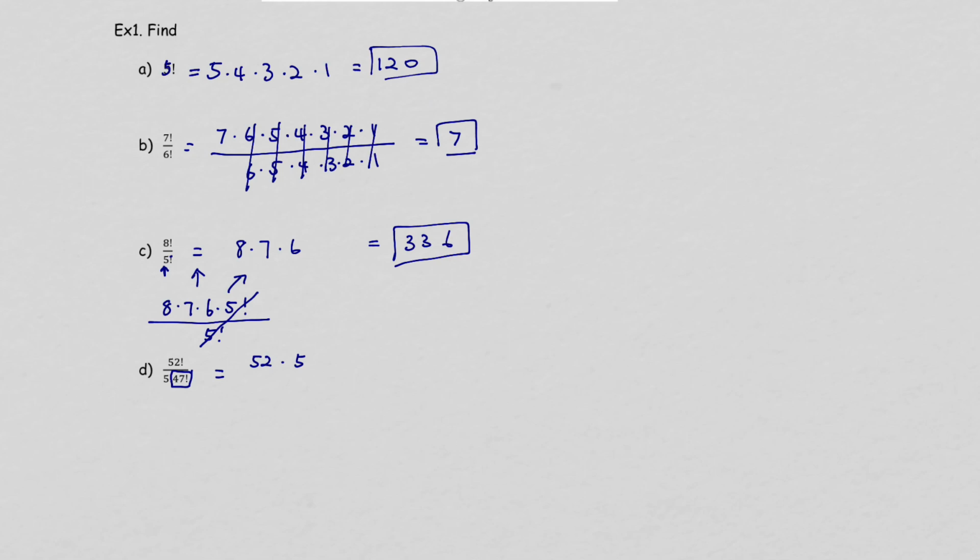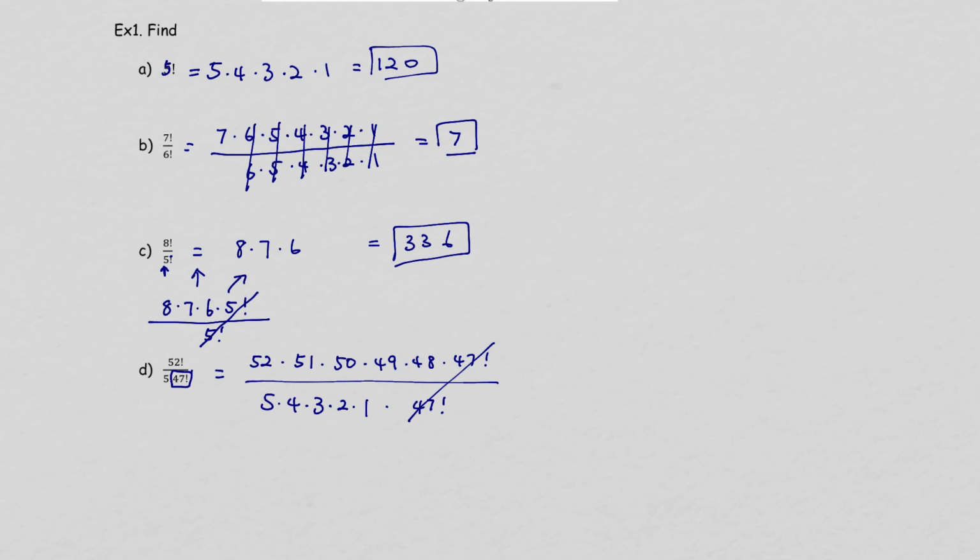So I will only have 51 times 50 times 49 times 48 remaining, because the 47 factorial after that will be canceled out by the 47 factorial. And then you have 5 factorial on the denominator, which is going to be 5 times 4 times 3 times 2 times 1.